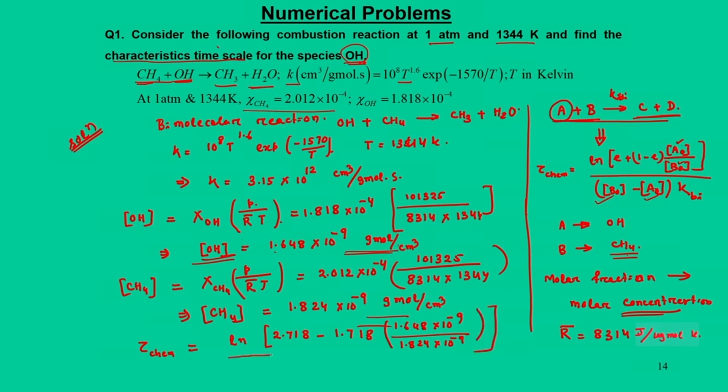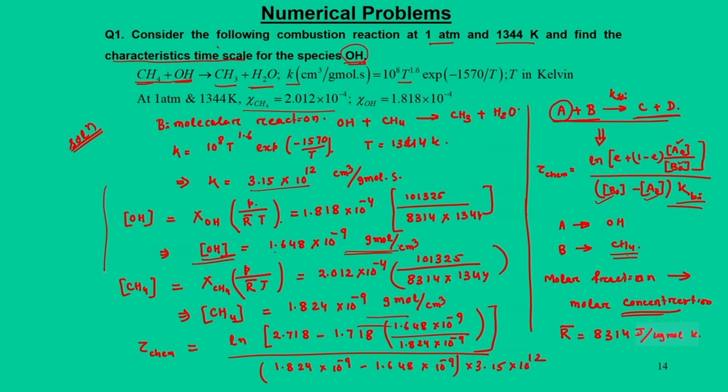The entire number is divided by concentration of B0, that is CH4, 1.824 into 10 to the power minus 9, minus 1.648 into 10 to the power minus 9, whole bracket, times K for the bimolecular reaction, which is 3.15 into 10 to the power 12.